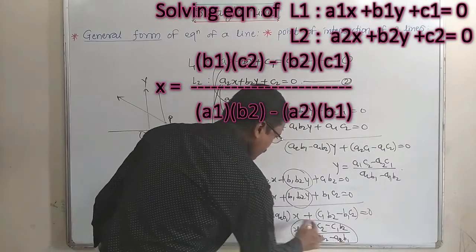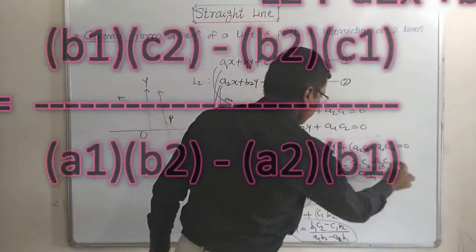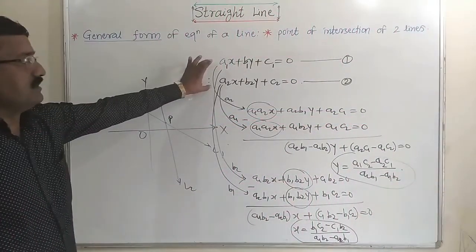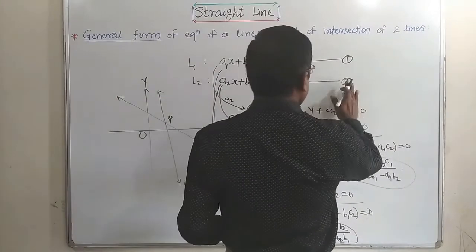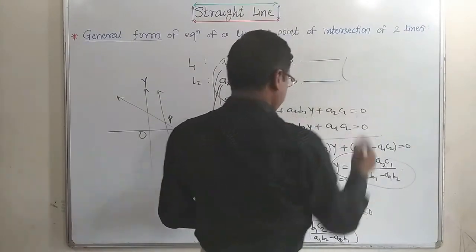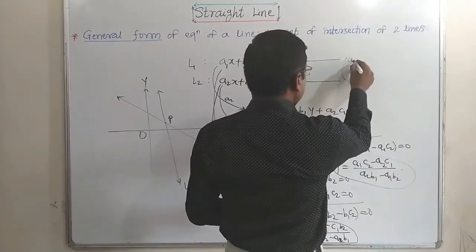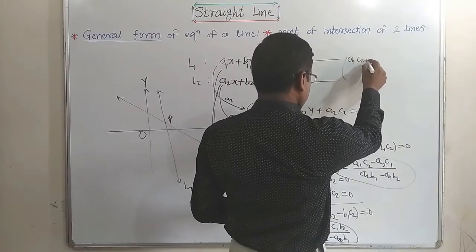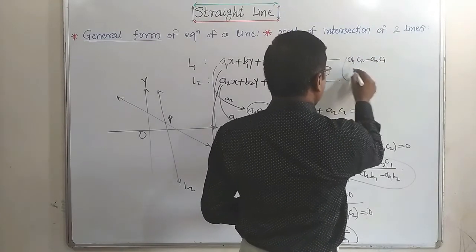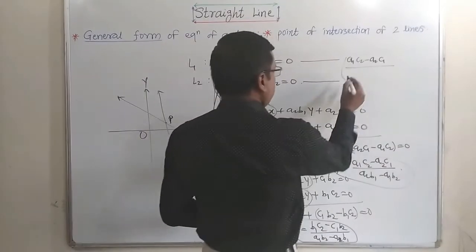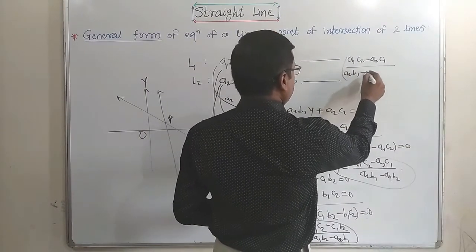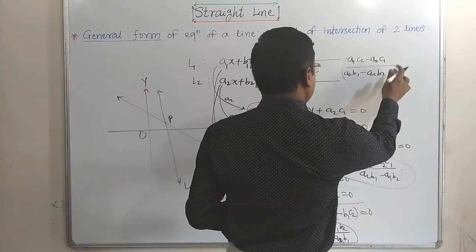So this is the solution or point of intersection of two lines. I will write here the point of intersection of these two lines as a1 c2 minus a2 c1 upon a2 b1 minus a1 b2.